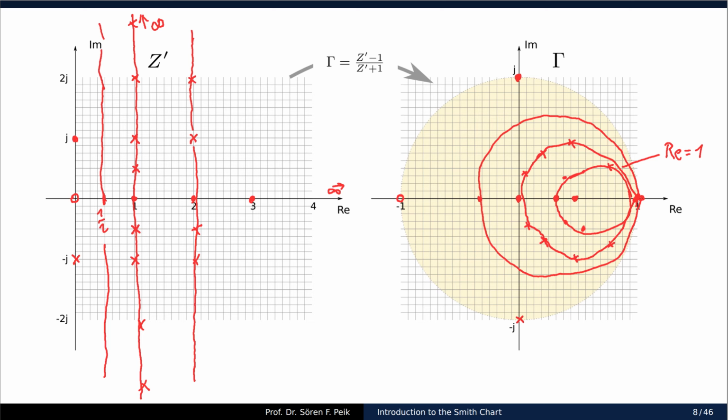Now we can repeat the same thing for, because before I do that, I maybe mark my points here. That's for 1, that's for real part 1/2. And this one here was for real part 2, no?